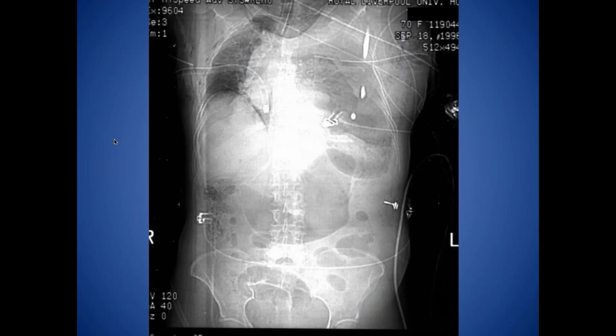When I was a senior registrar many years ago at the Royal Liverpool Hospital, I came in the middle of the night to do a CT scan on a patient who'd been run over. And during the scan, the anaesthetist was very worried about the patient. Before we'd done the CT scan, we did a scanogram, as we normally do. And you can see very clearly that there is depression of the diaphragm.